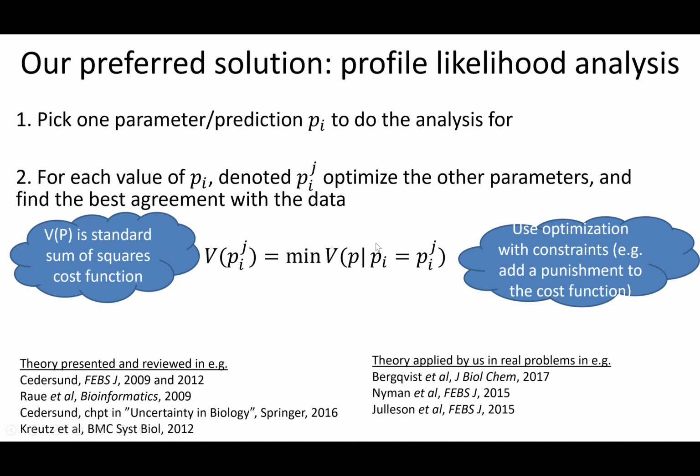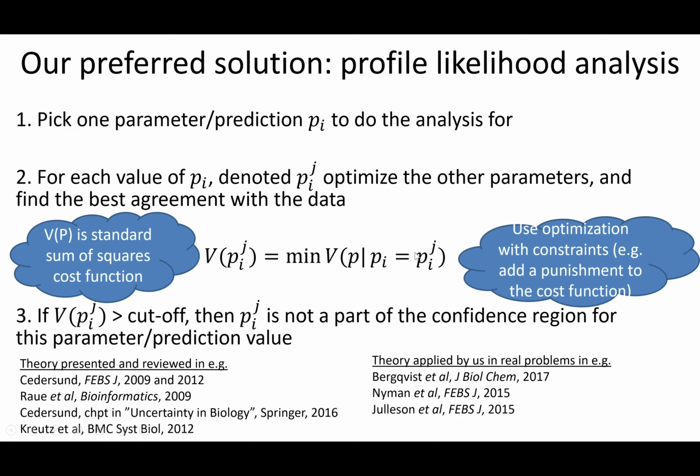But if it's a prediction, then you need to use constrained optimization. So you can, for instance, add a punishment to the cost function, which has a very high cost, and then the optimization will prioritize and only pick parameters that fulfill this. And then you look at the resulting likelihood function or cost function.